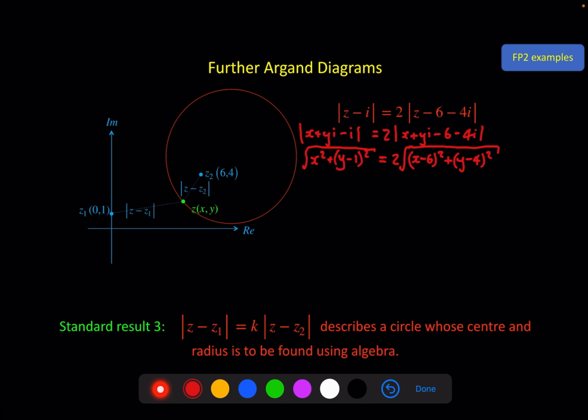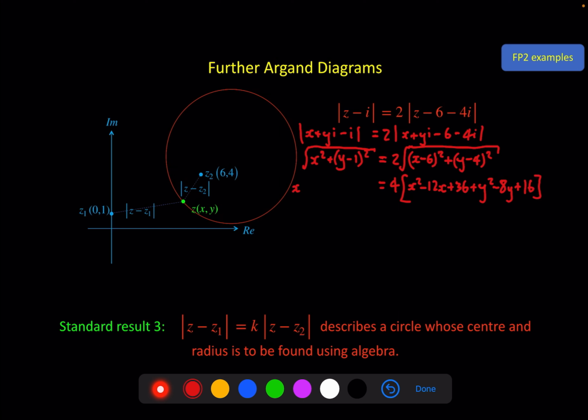Now you must be careful to keep this 2 here outside the square root, and then when you square everything, to remember to square this 2. That gives us 4 times everything inside the square root, which I will expand at the same time. And yes, these are often quite long questions like this.